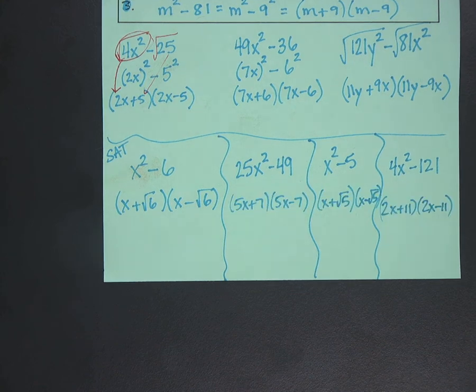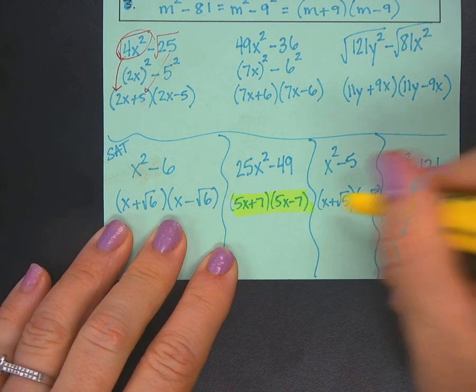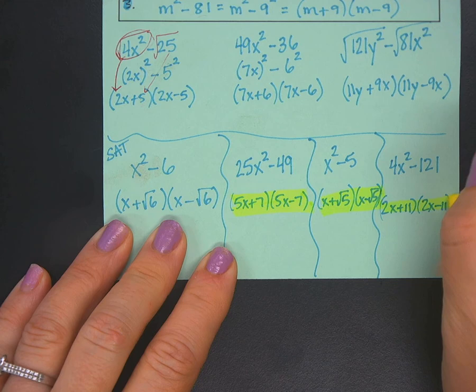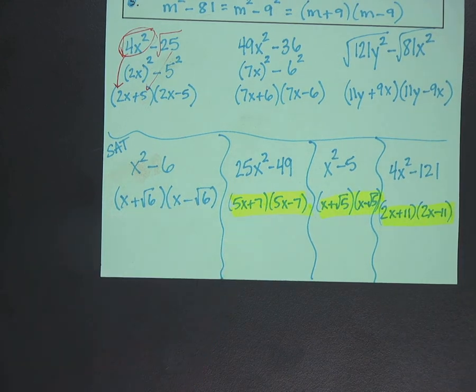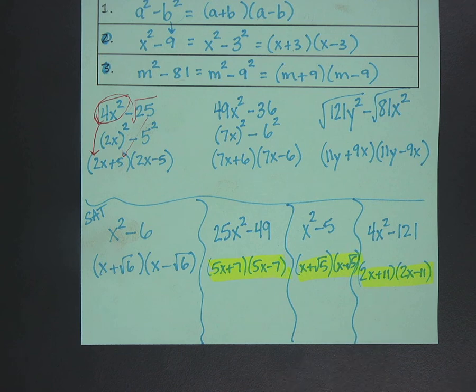Okay, so please check your work on each of these. This is one of the key techniques called a difference of two squares. Make sure this gets put into your notebook on the next page.